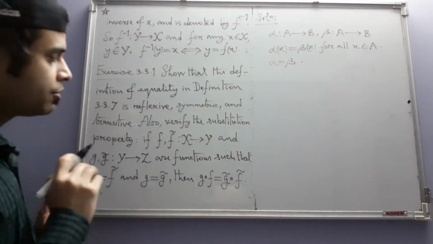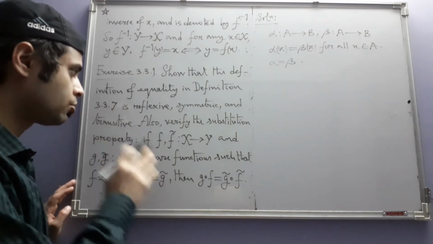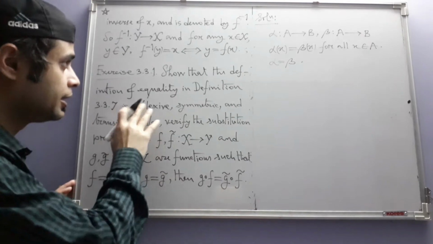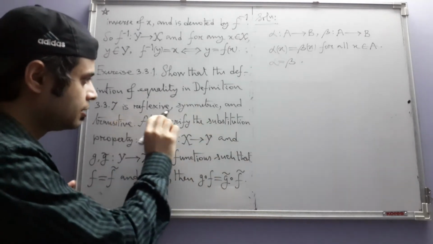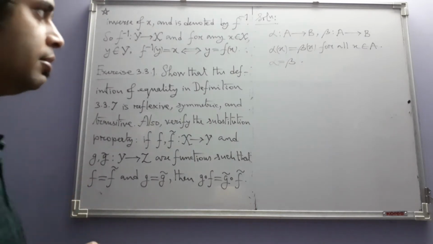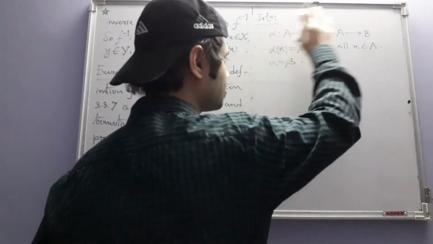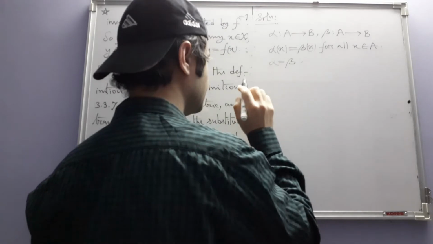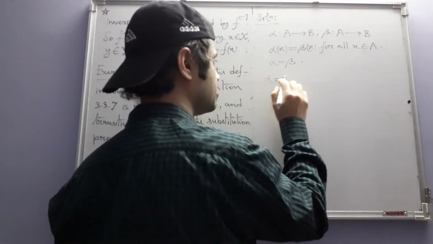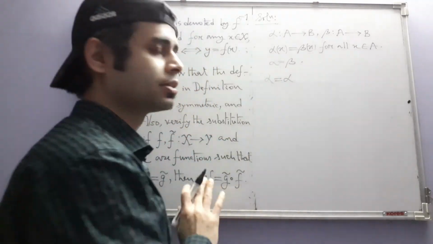Now we have to show that this relation of equality between two functions, equality of two functions, is reflexive, symmetric and transitive. So you already know what these things mean. In terms of this definition, reflexivity just simply is this: alpha is equal to alpha for every function alpha.